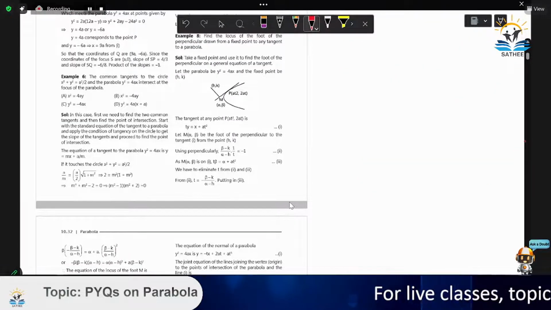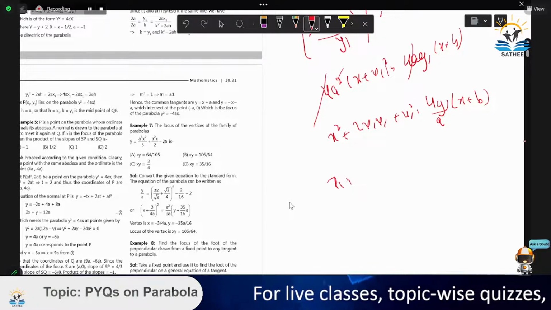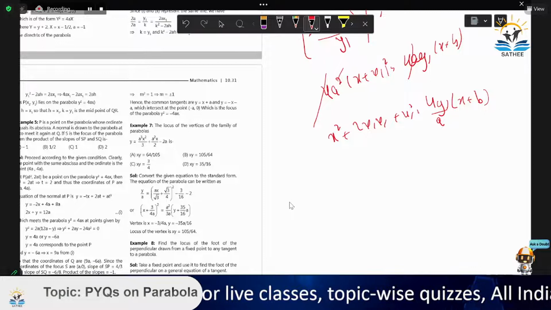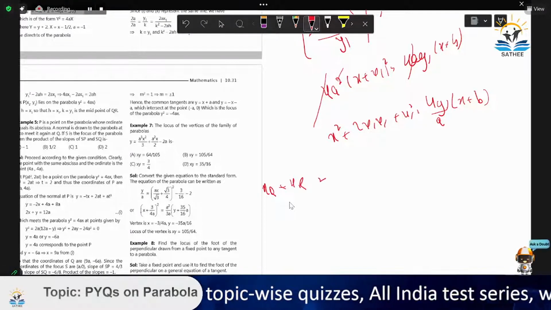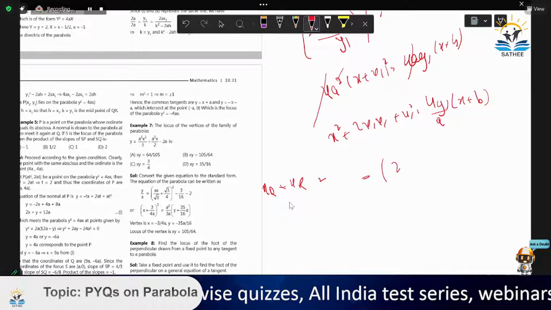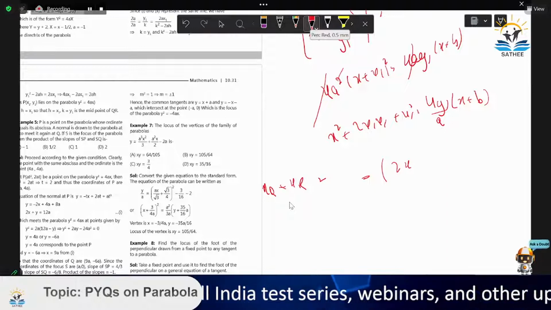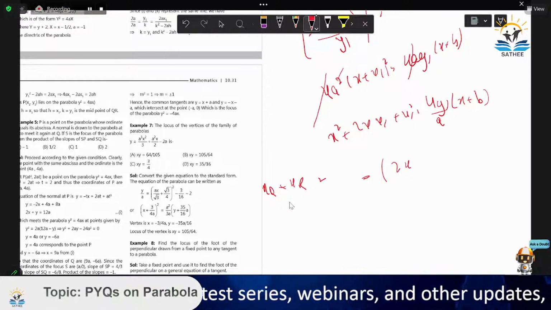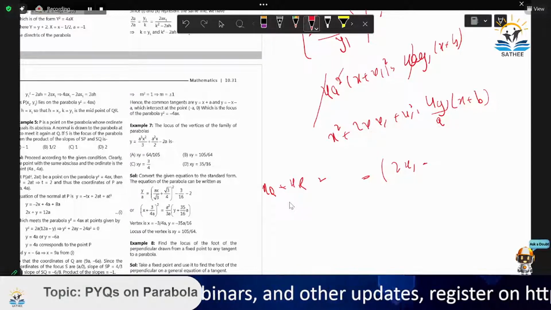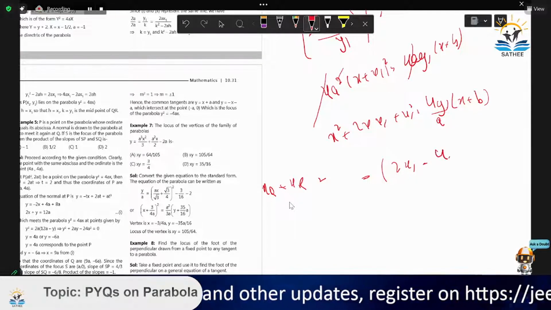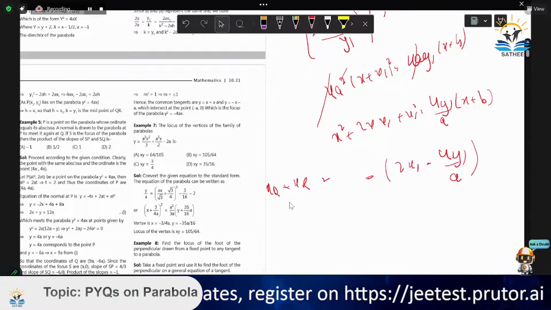Now taking the x coordinates together, I'm not taking x1 and x2 because that would be confusing, but the coordinates of xq plus xr becomes minus of 2x1 and minus 4y1 by a. This is what my sum of roots looks like.